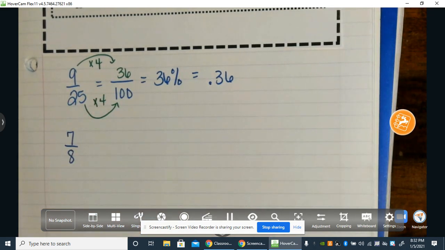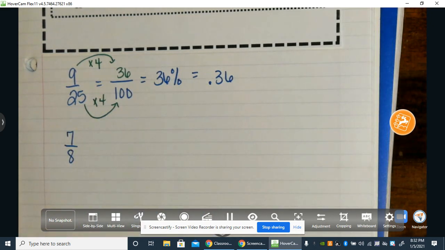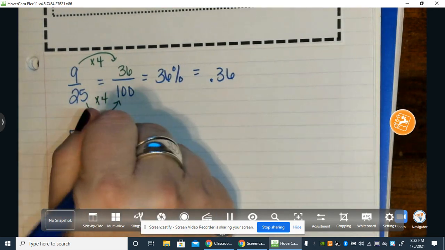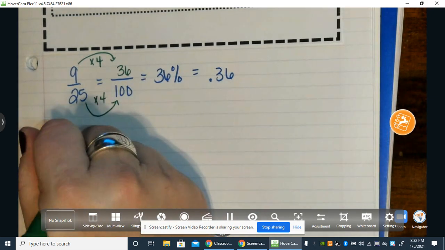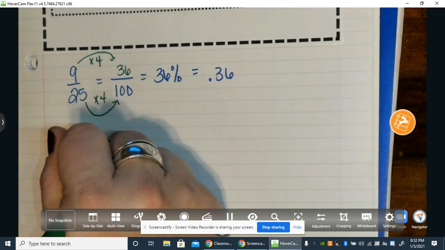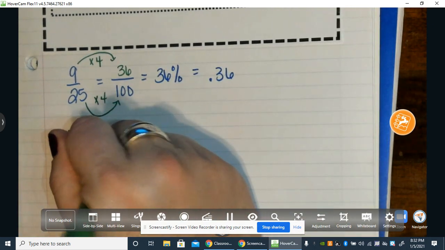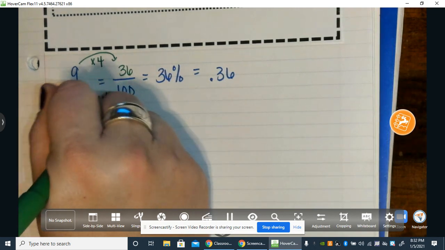All right, so that's 7 eighths. 8 can't go into 100. I'm going to show you 2 ways to do this. Remember I showed you that 8 can go into 1,000. So I can make this have a denominator of 1,000. So 8 times 125 gives me 1,000. If I multiply the bottom by 125, I must multiply the top by 125.